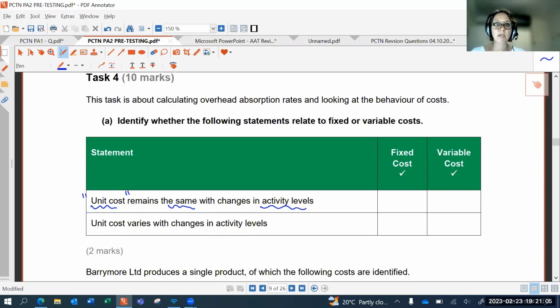One is that there's a tutor, and the other is that there's a folder of materials. So you get the tutor and you get the materials. This one is saying the cost of, and we've got to insert the word, the folder or the tutor, is going to be the same for each unit, even when the activity goes up.